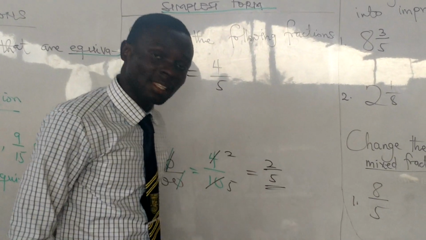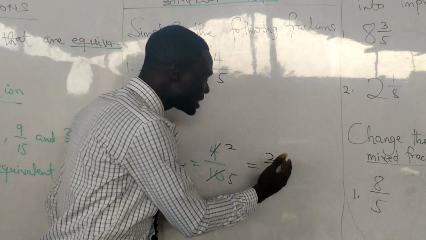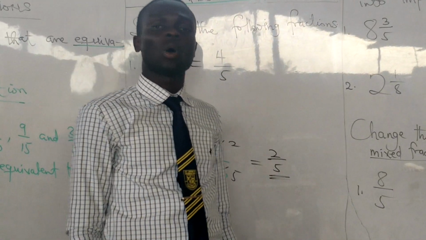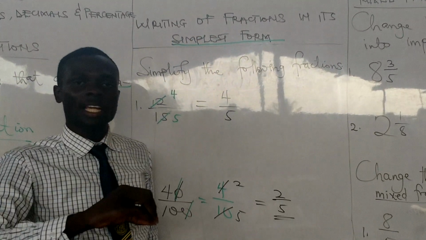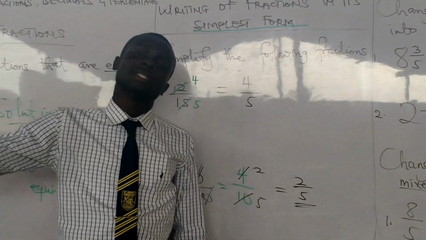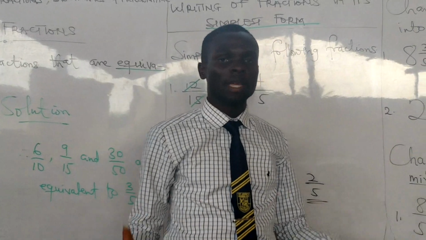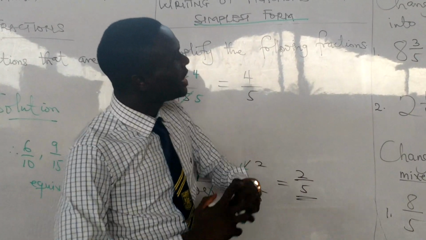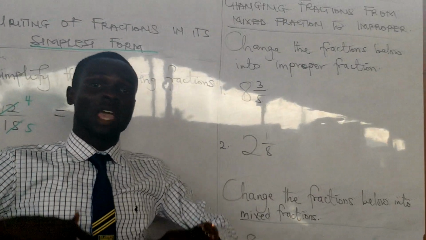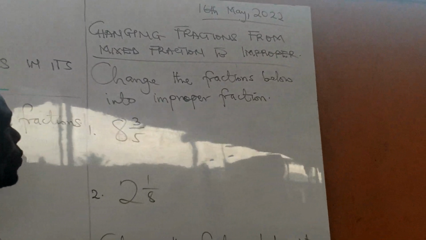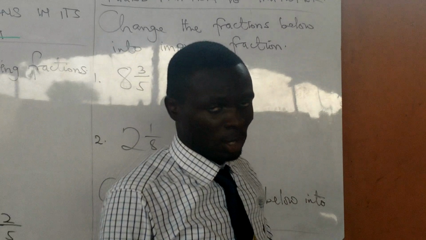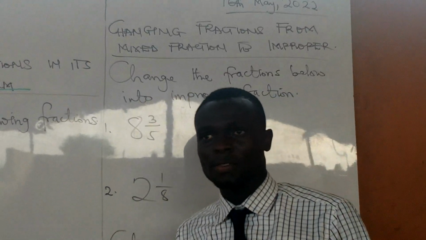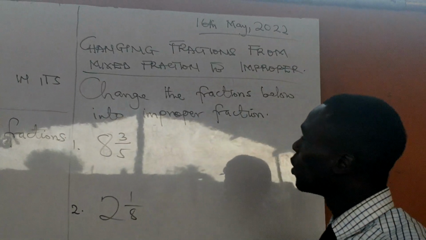And when we were in class 6, we were told that this type of fraction is called proper fraction because the numerator is less than the denominator. Let's look at the last one as we are recalling or trying to revise what we did in basic 6, because in basic 7 we have to recall what we did.